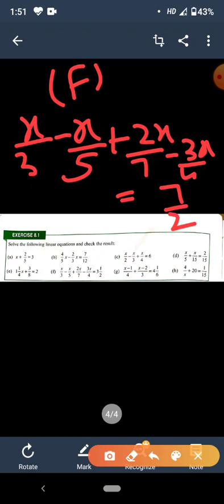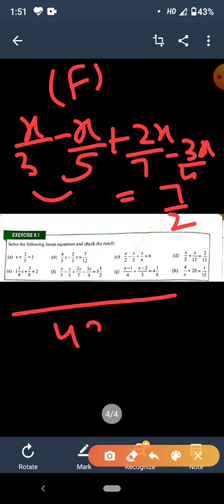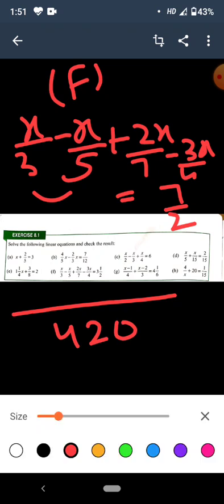Now take the LCM of 3, 5, 7, 4. 3 5s are 15, 15 7s are 105, 105 4s are 420. Okay.